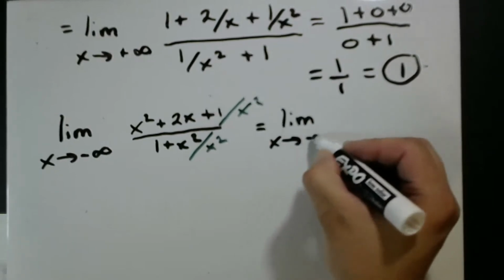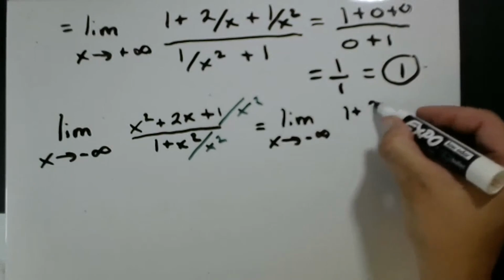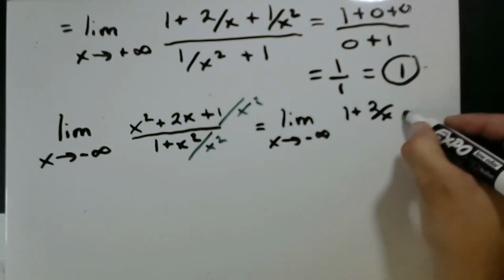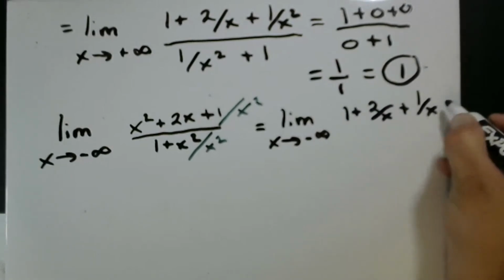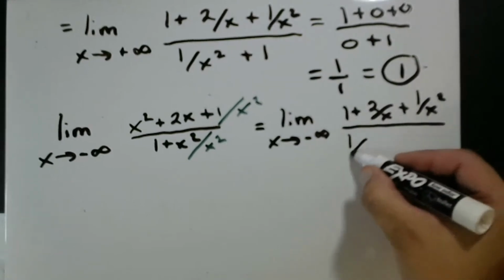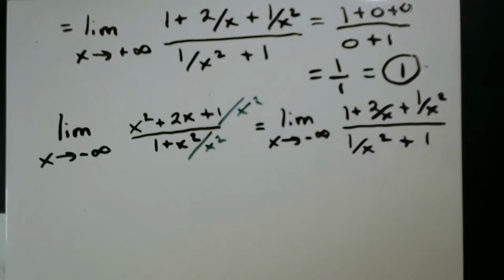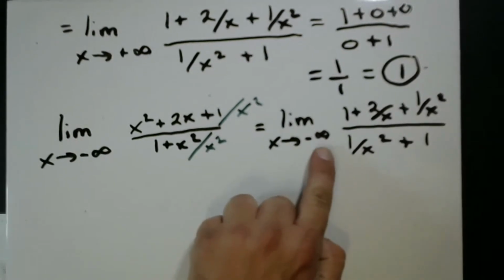You get, as x goes to negative infinity, 1 plus 2 over x plus 1 over x squared, and then 1 over x squared plus 1. You're going to get the exact same thing.